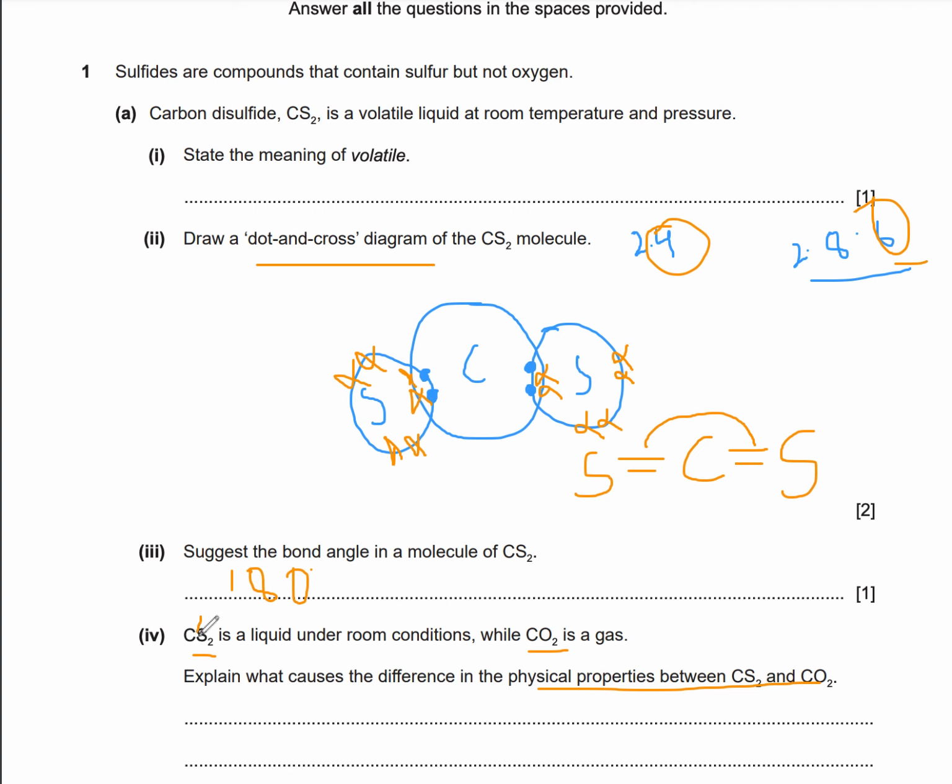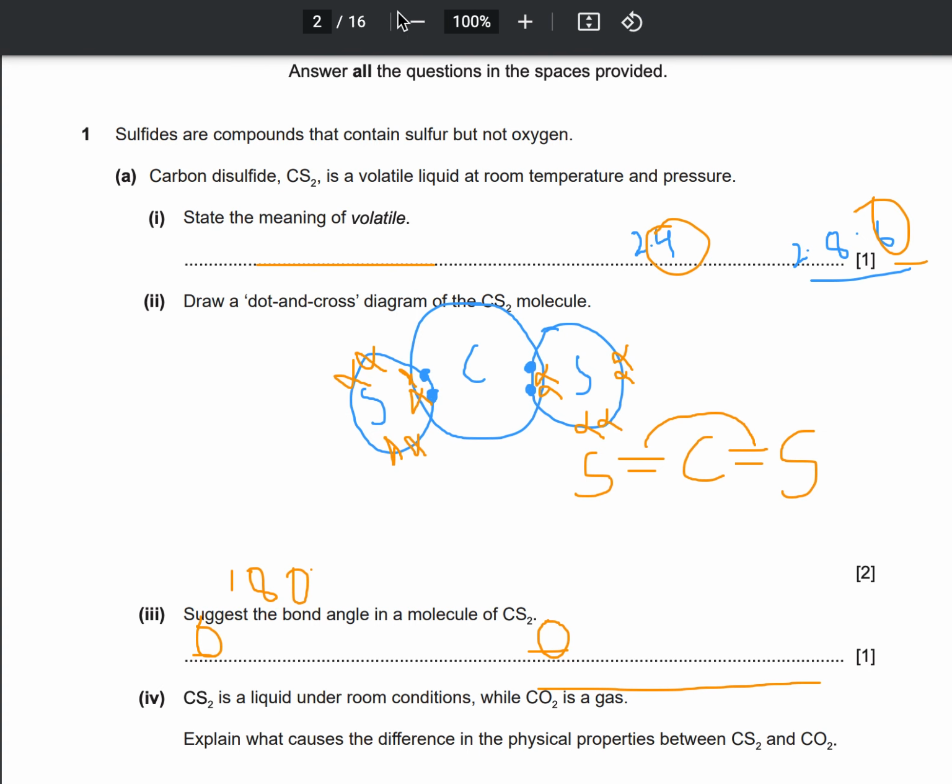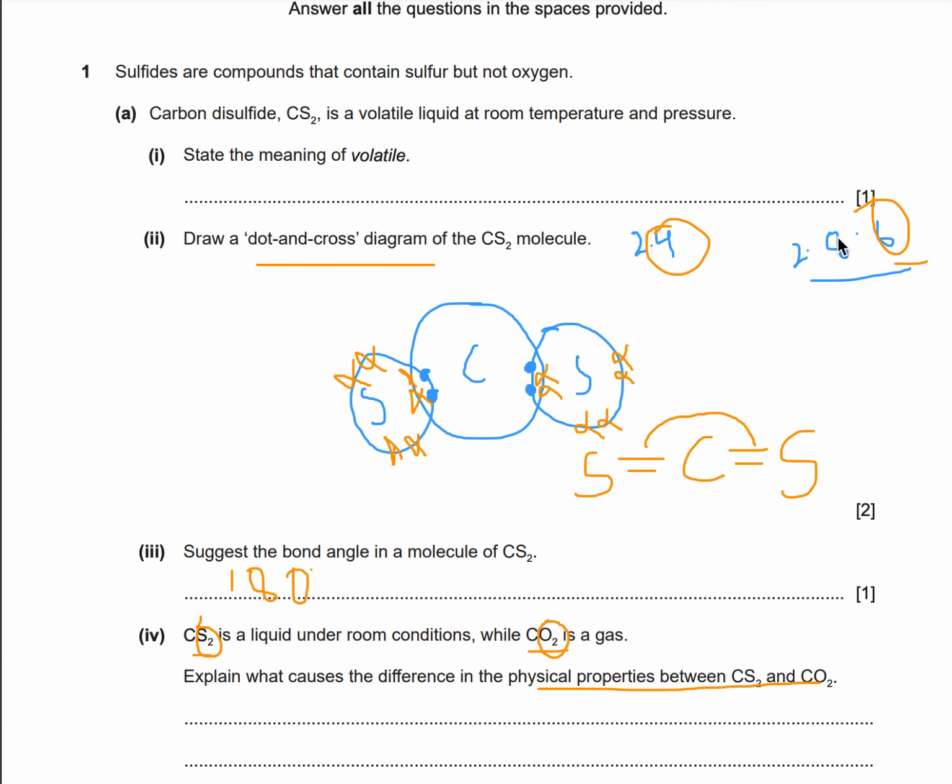Over here there's a sulfur and over here there's oxygen. So if we look at the electrons, because the atoms are different, sulfur has 16 electrons each, right? So total electrons would be 32.